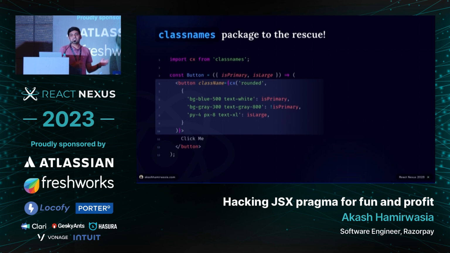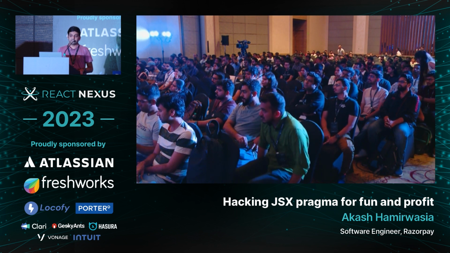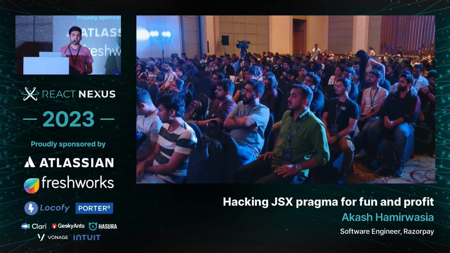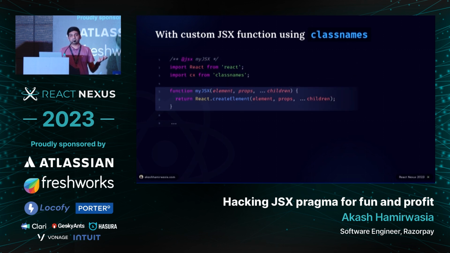Now when I looked at this, I wondered, what if I expose the functionality of the classnames package throughout my code base? And that is where custom JSX functions come in. So I define my custom JSX function, and to use it, I use the JSX pragma, @jsx myJSX function. And within this myJSX function, I'm again still returning a React element using React.createElement, passing in all the relevant props.